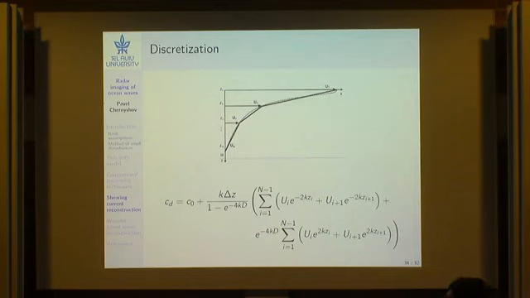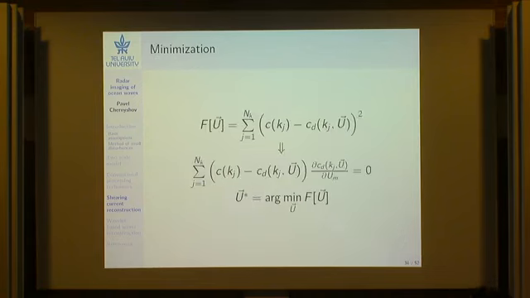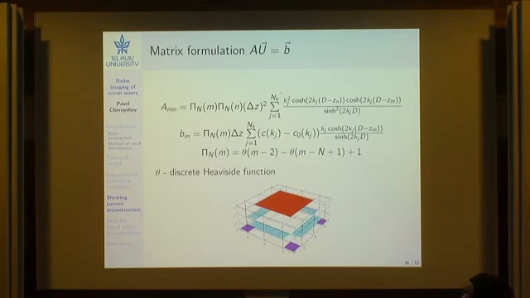But we did a simple thing, just used a discretization of this expression with the trapezoidal method of integration. Then we go to the least square method, which leads to a matrix formulation with matrix elements like this.